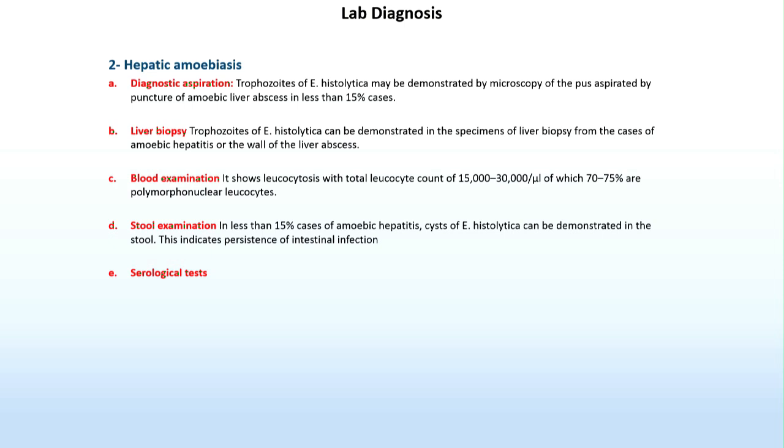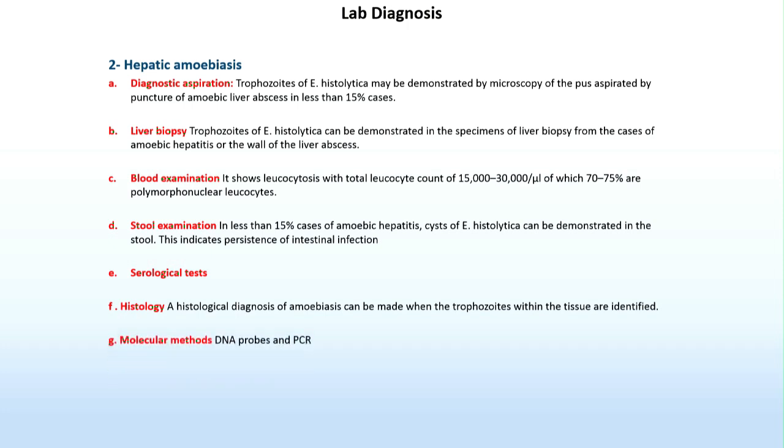Also, we can diagnose hepatic amoebiasis by serological test and histology. This test can be made when the trophozoite is within the tissue. It can also be diagnosed by molecular methods such as DNA probes and PCR, or polymerase chain reaction.